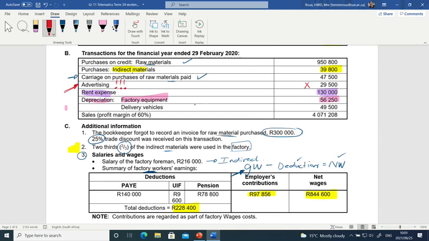And then we had the salary of the 4 factory foremen, that 216,000, that we must also show on the factory overheads. That will be part of the overheads. The rent expense we must calculate, and we can add the depreciation.